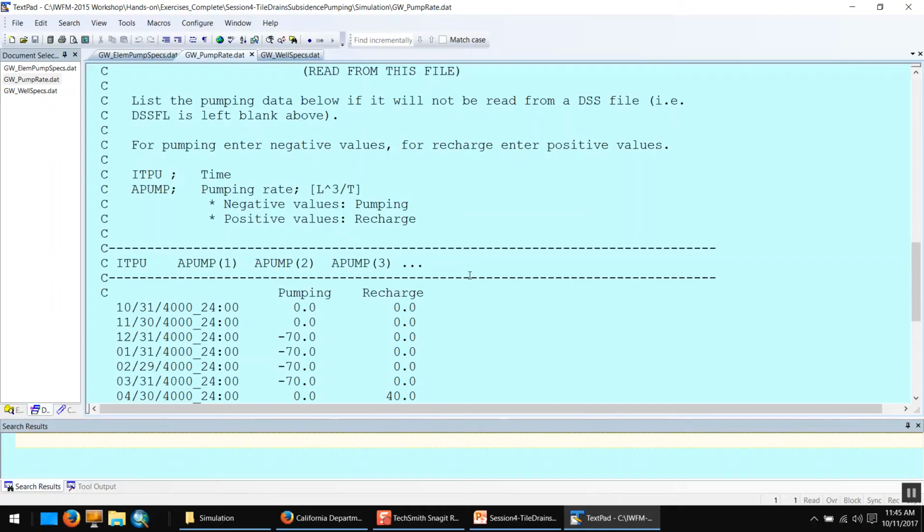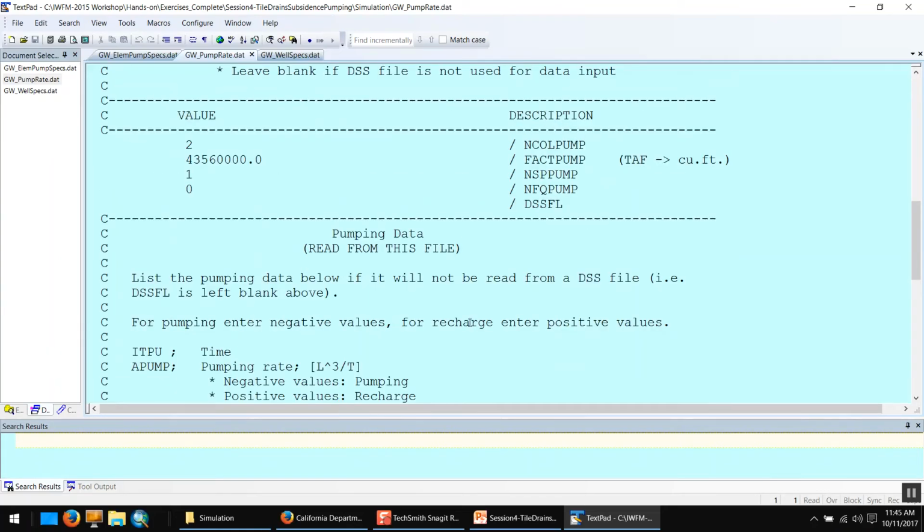So let's talk about this time series data a little bit more. What the model does, we're looking at the pumping rate here. What you're giving in this file is, again, 2 columns of data, and you're converting the spatial unit of your pumping rate from 1,000 acre-feet to cubic feet.